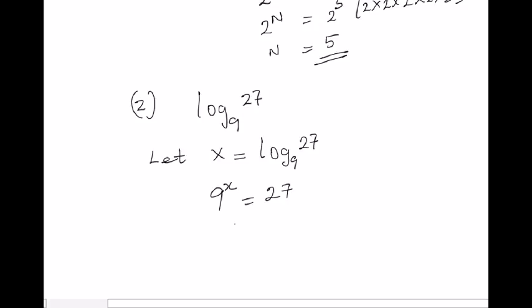So 9^x, we can rewrite 9 as 3 raised to power 2, and 27 can be written as 3 raised to power 3, meaning 3 times 3 times 3. 3 times 3 is 9, 9 times 3 is 27.